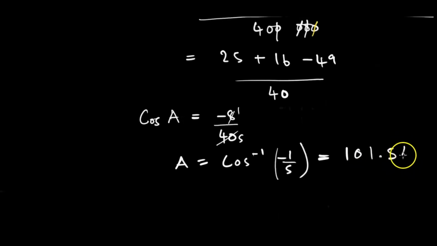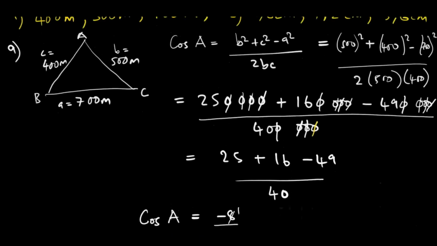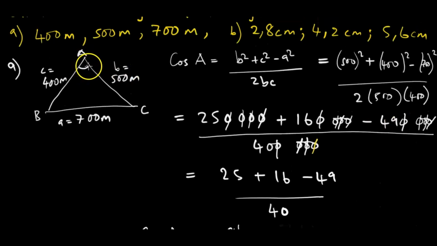So it should be 101.54 degrees, because the answer in the calculator is 101.53695903282. Let us put this answer for A here: 101.54.